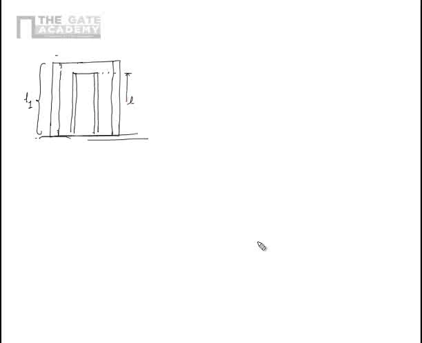It's hollow, which means it is a thin cylinder. Let's say that its height is L1. It's placed on the ground. Inside this hollow cylinder is another hollow cylinder, like this. Let's say this length is L2.